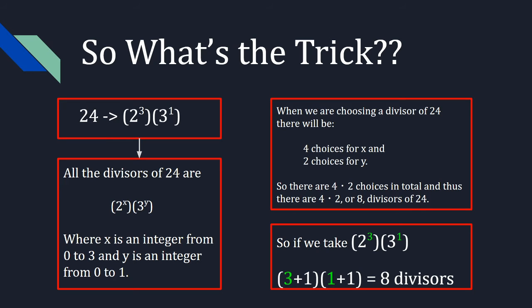And you want to understand why it's 3 plus 1 and 1 plus 1: it's to include the possibility that you can take something to the 0th. 2 to the 0th and 3 to the 0th were options. If you did just one choice, saying it has to be 3 at first, well, that's wrong. So the plus 1 is to include those possibilities.